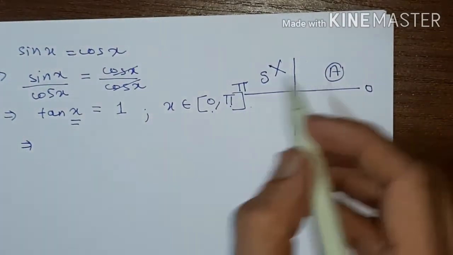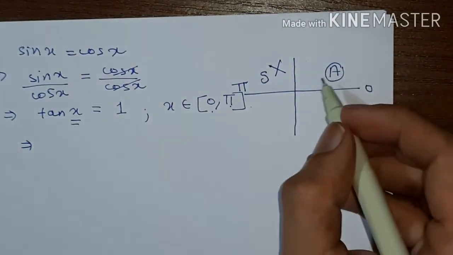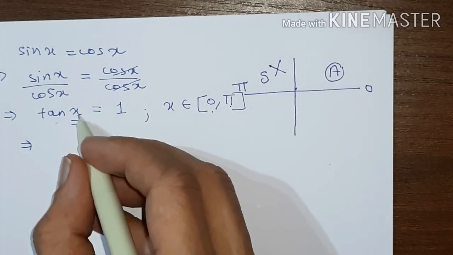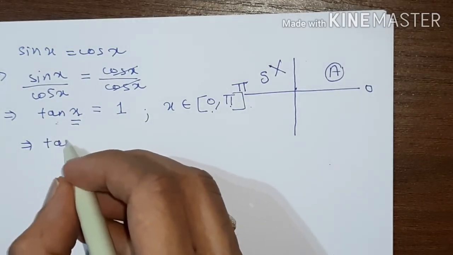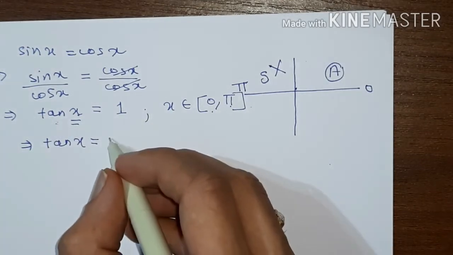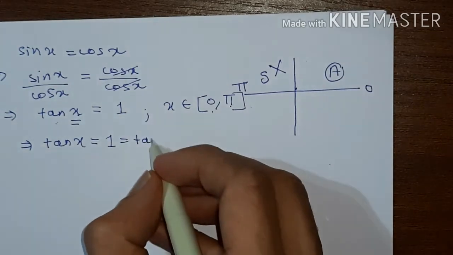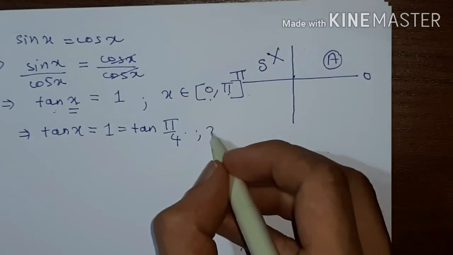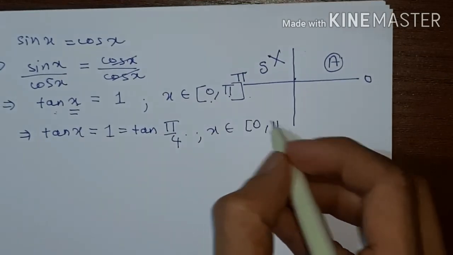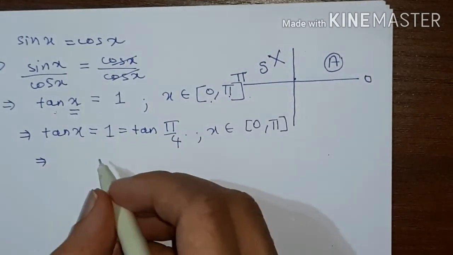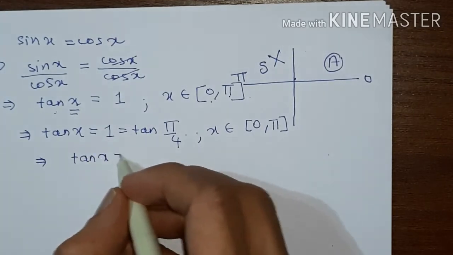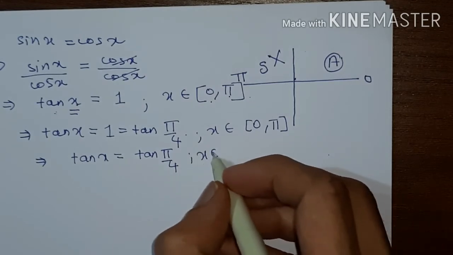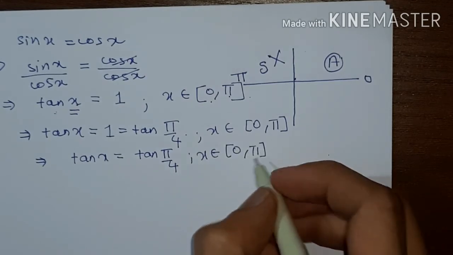Now in the first quadrant, tan of pi by 4 is 1, right? So tan x is equal to 1, which is equal to tan of pi by 4, and x belongs to 0 to pi. So tan x is equal to tan pi by 4, where x belongs to 0 to pi.